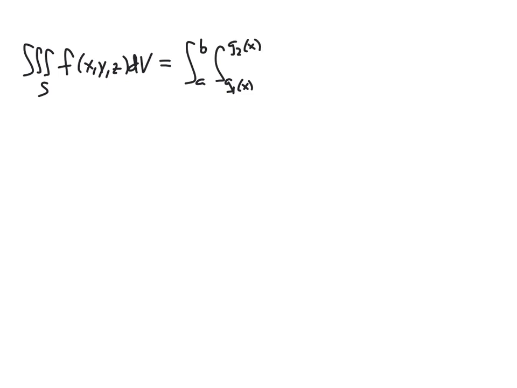Those are the upper and lower curves in the xy plane. And then here we would have h1 of x, y and h2 of x, y. These were our upper and lower surfaces for our region.